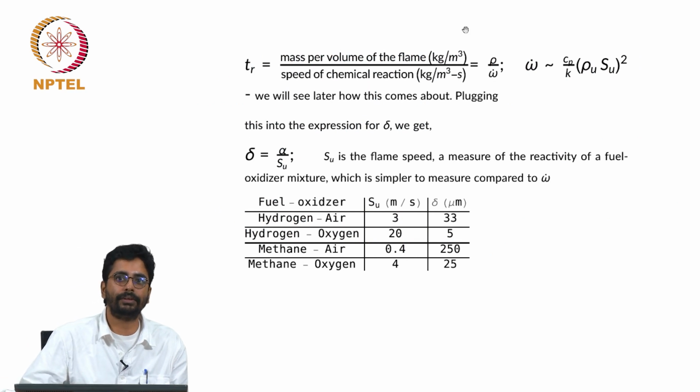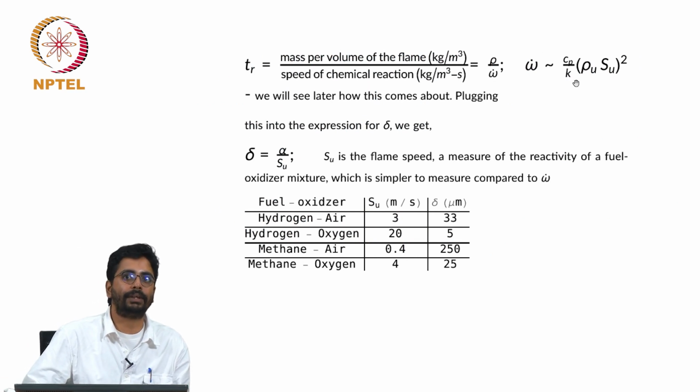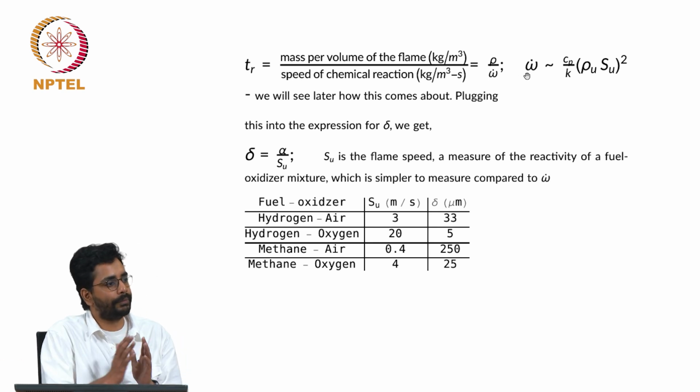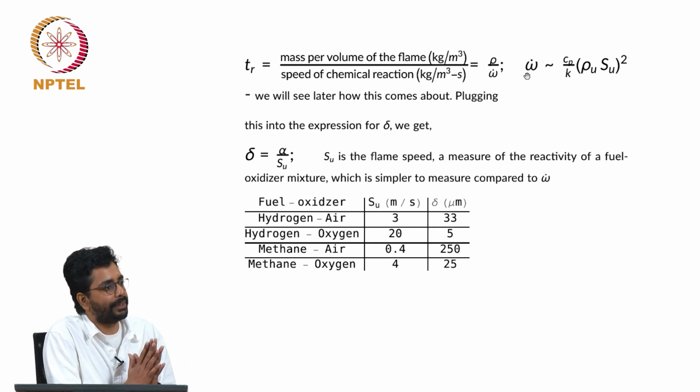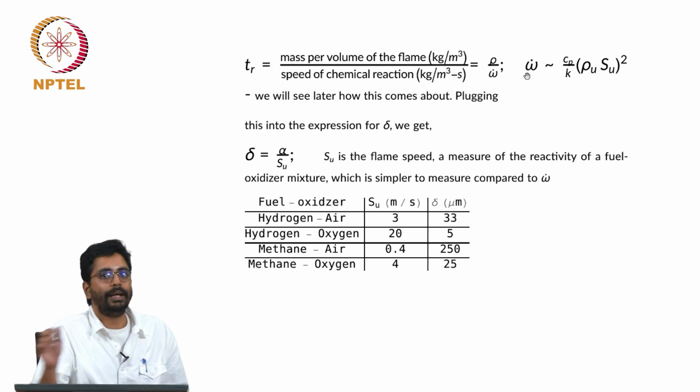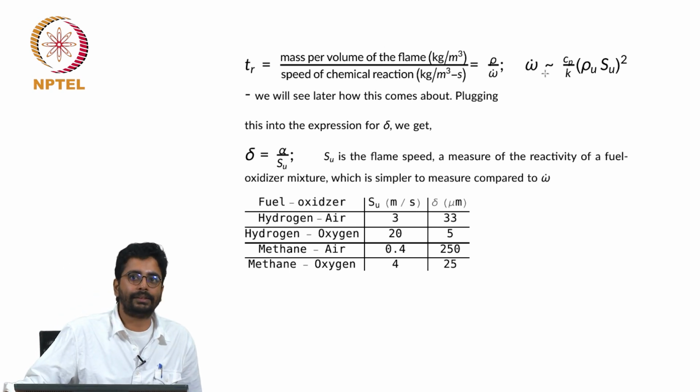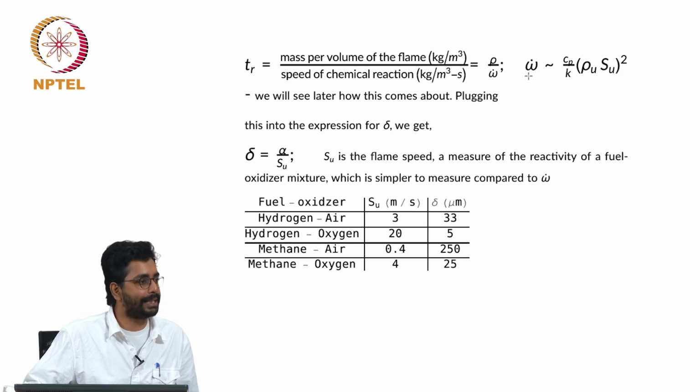Look at this equation. Omega dot goes as Cp over K rho u Su squared. So, omega dot is a measure of sort of an average reaction rate over the flame thickness, which is not easy to measure. But what is easy to measure is the flame speed. So, once you know the flame speed, you can relate it to the reaction and the reactivity.